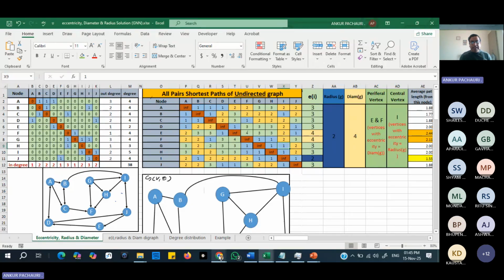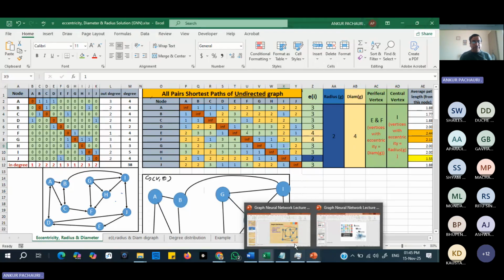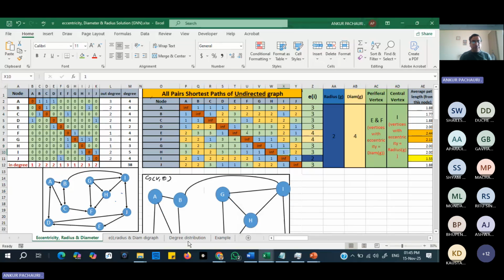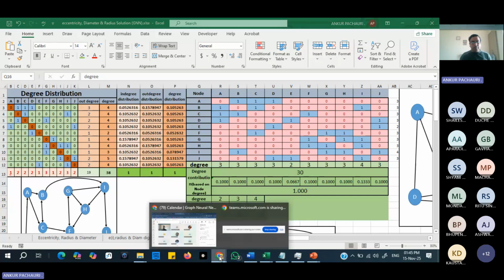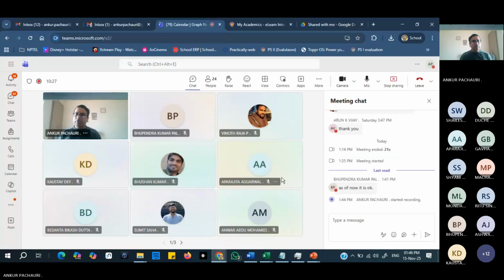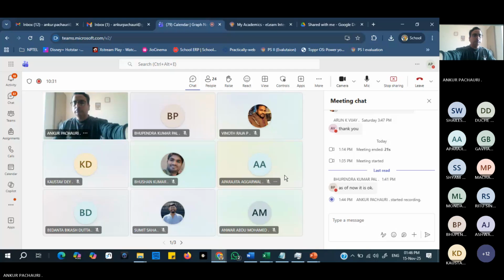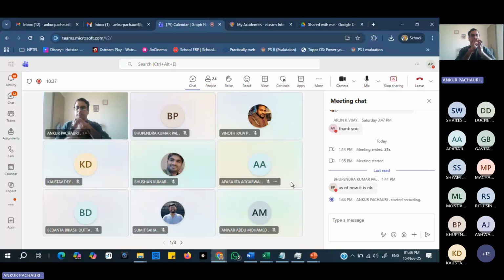Before moving ahead, any explanation to be given regarding any of those values? I hope that's clear. I need a small confirmation. Was that clear to you all? Was that clear?